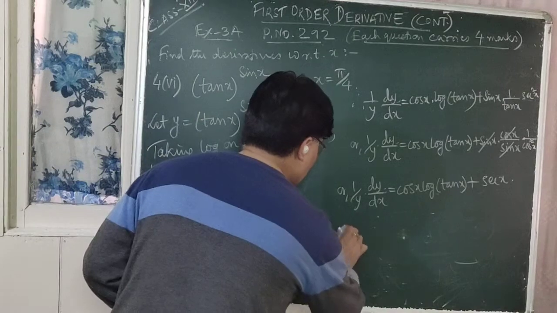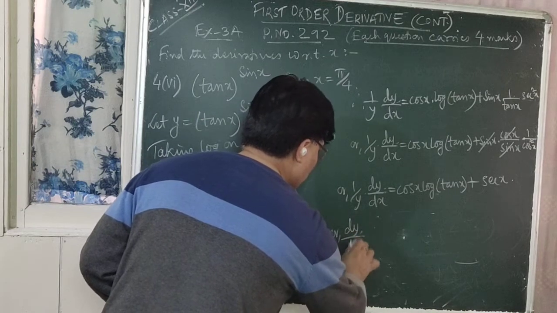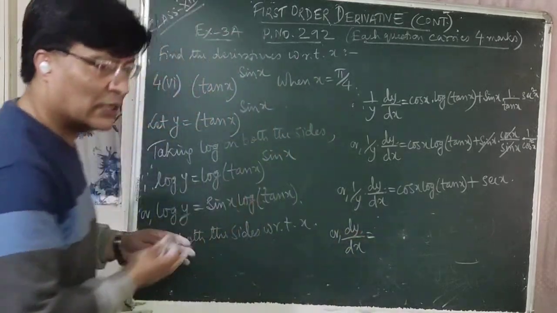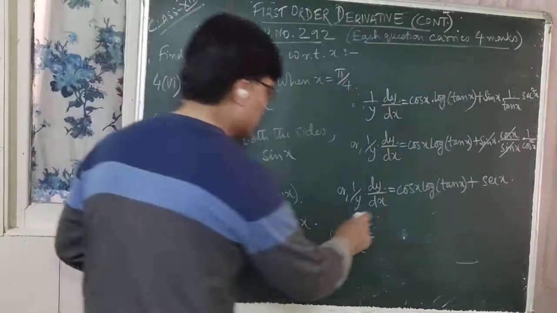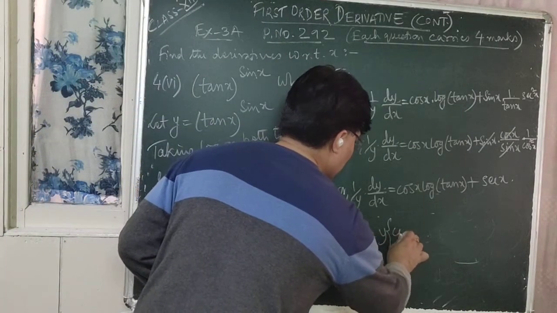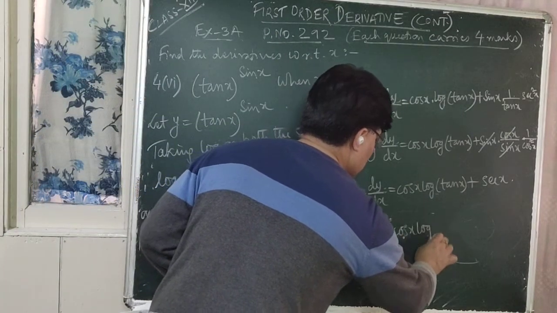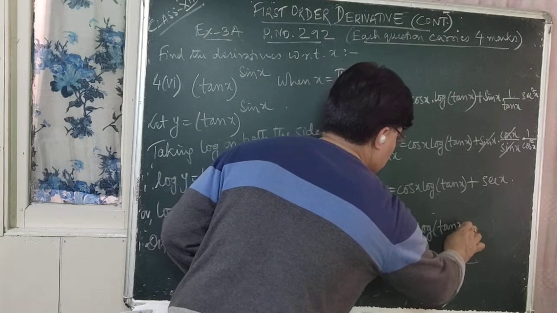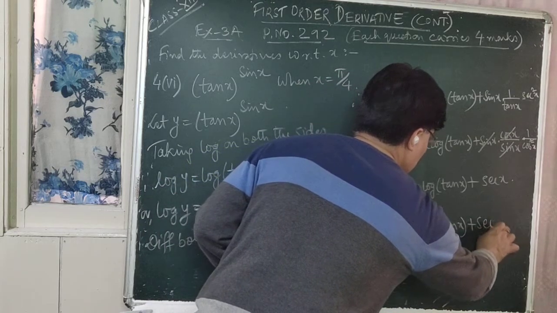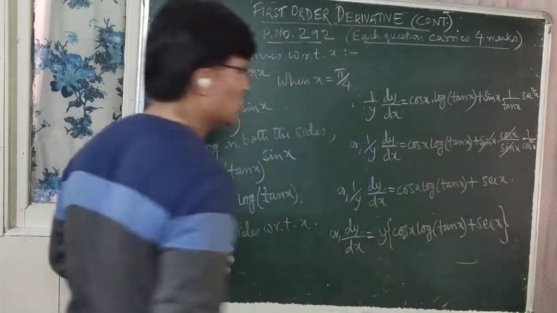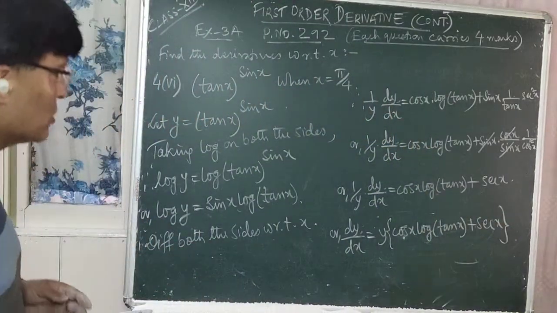So what is the value for dy by dx now? So dy by dx is equal to, now cross multiply by y. So y within second bracket cos x log of tan x plus sec x. So here second bracket is closed.